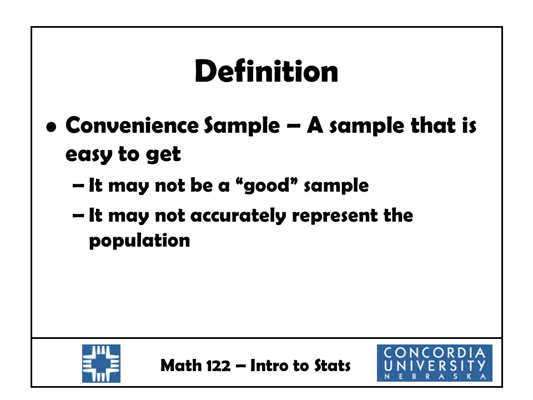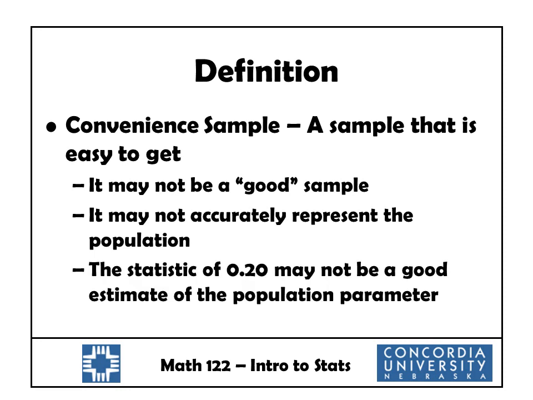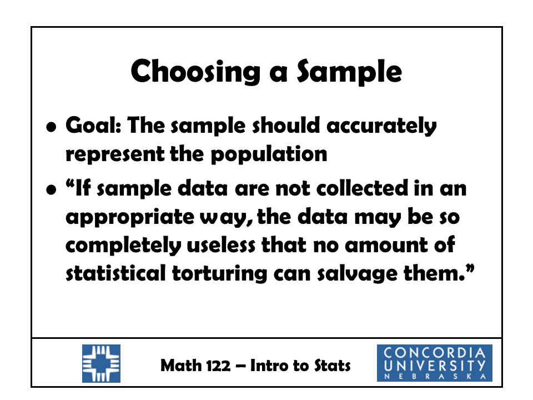However, it may not be a quote-unquote good sample, and what we mean by it not being a good sample is that it may not accurately represent the population. Now, what that means in more technical terms is that our statistic of 20% may not be a good estimate of the population parameter. If my sample doesn't represent the population, then my estimate of the population parameter may not be very good.